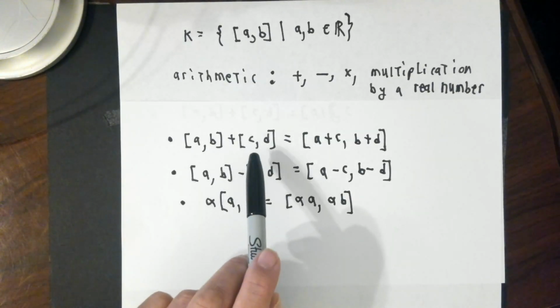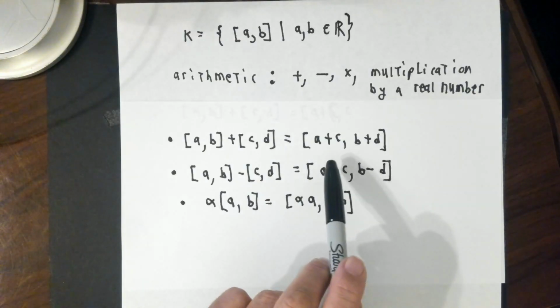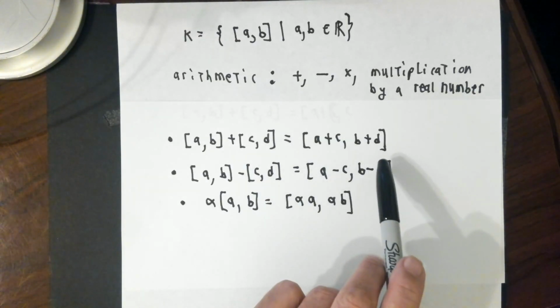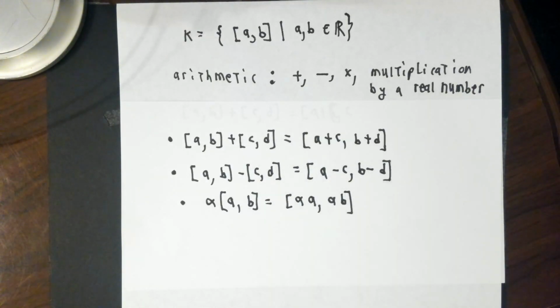AB plus CD is A plus C, B plus D. Likewise, AB minus CD is A minus C in the first slot, and B minus D in the second. Thirdly, a real number alpha multiplied by one of these AB quantities is the quantity alpha A comma alpha B.